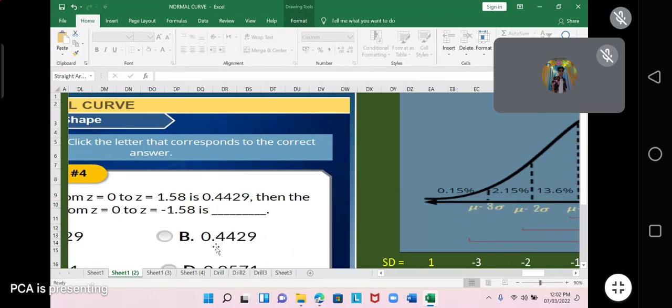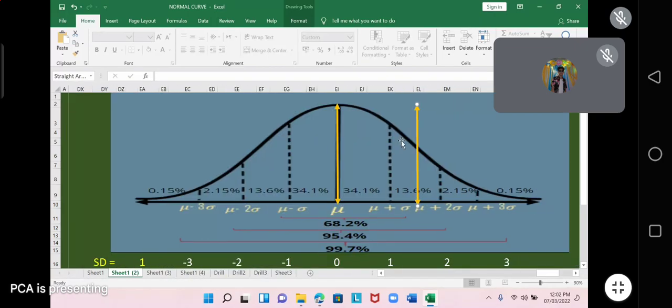Okay, do not confuse yourself, no? So for this one, let's have the area first from here, from 0, from here, left, going to that boundary in here. You see, this one up to there. We can have this area by having the whole area first. But what is that? 1.58.